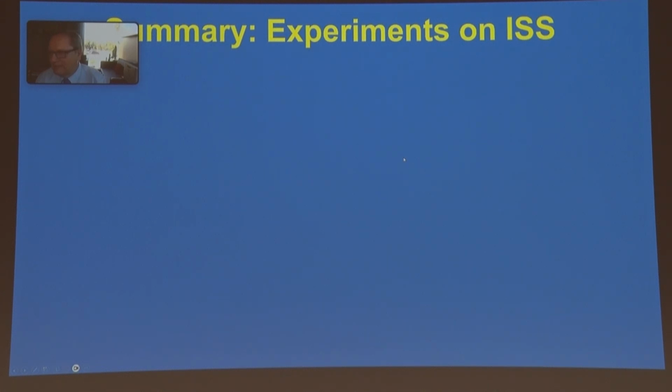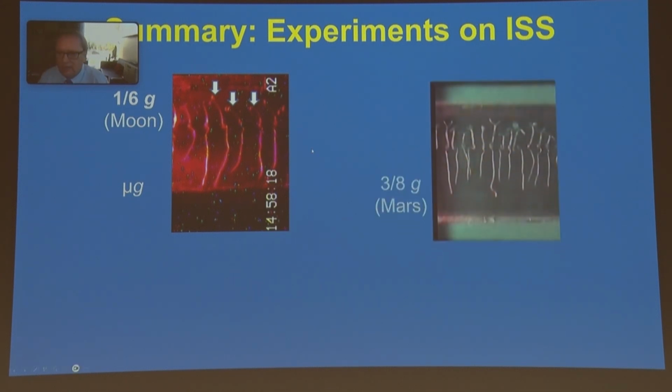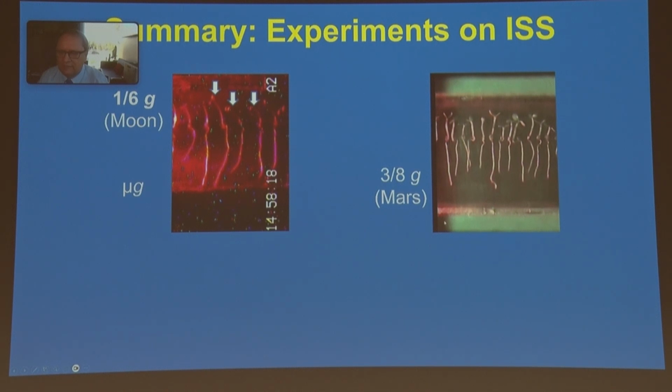Let me try to summarize this in a very, very simple way. If we look at microgravity, particularly for the stems, the plants behave kind of like they did on the Moon. If we look at the Mars level of gravity, it kind of behaved as 1G.